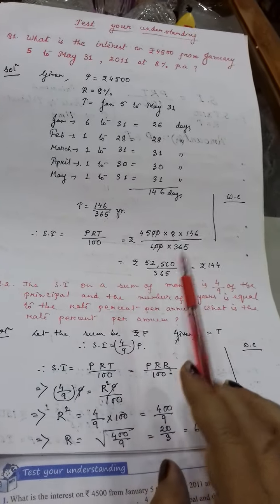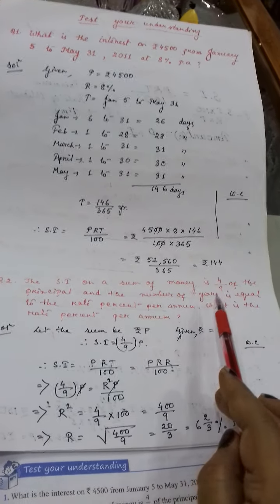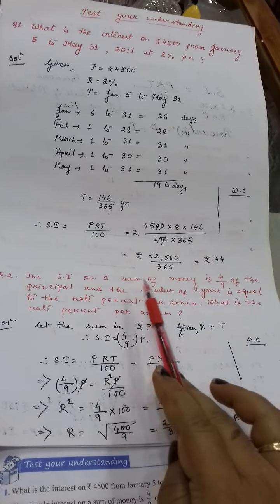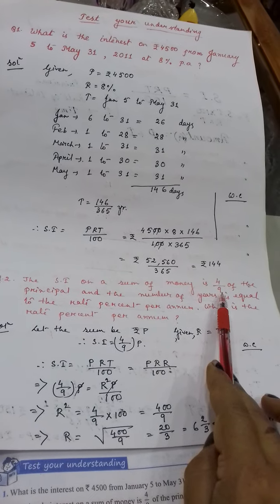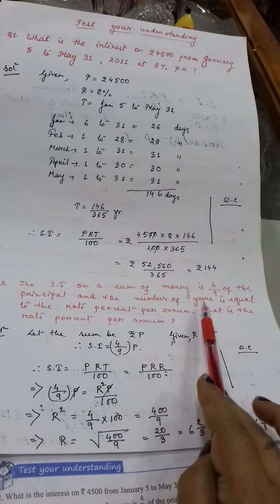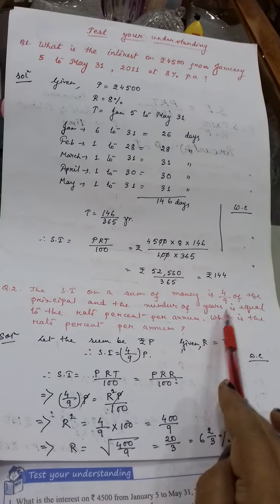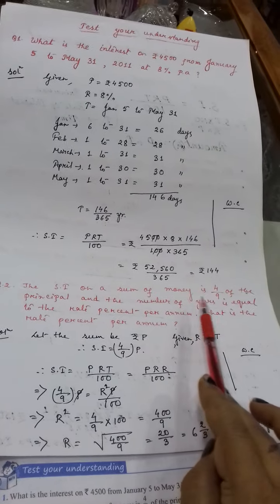The simple interest is 4 by 9th of the principal, which is the original amount. And the number of years is equal to the rate percent per annum. So nothing else is given to you.